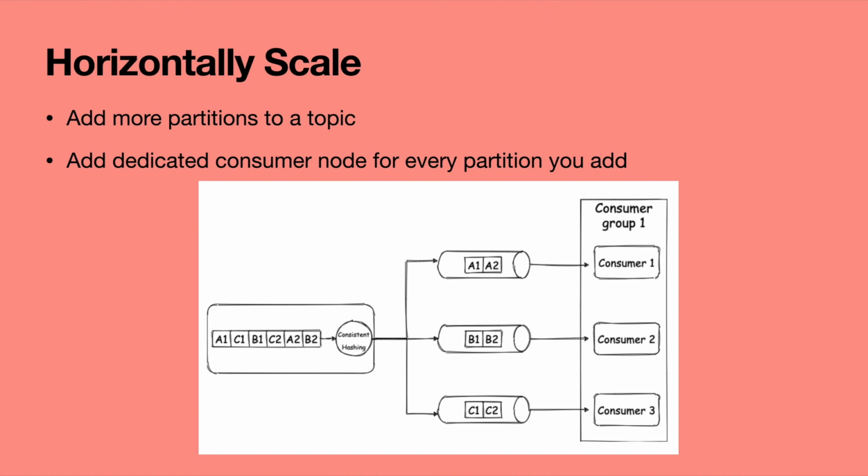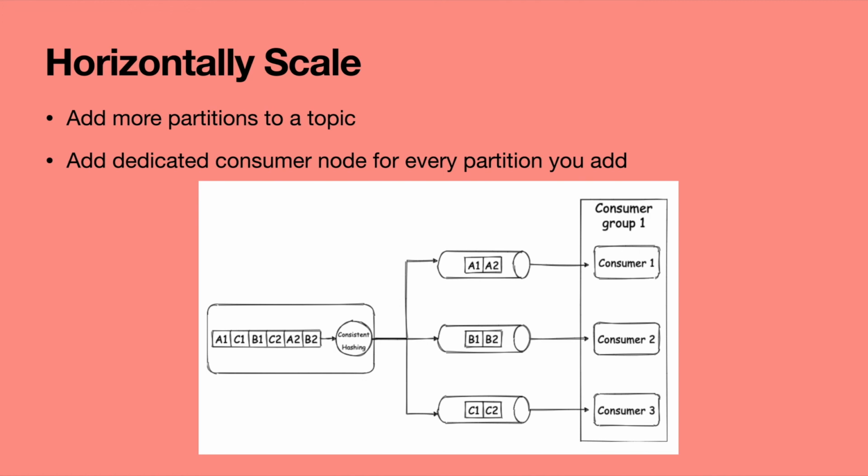So in this case, you have 3 partitions, and your consumer group has 3 consumers. Let's say you want to scale it up because you're getting more and more writes. You can add 3 more partitions, so you have A, B, C, and then D, E, F. Now you're writing to 6 partitions. You want to add 3 more consumers, 4, 5, 6.